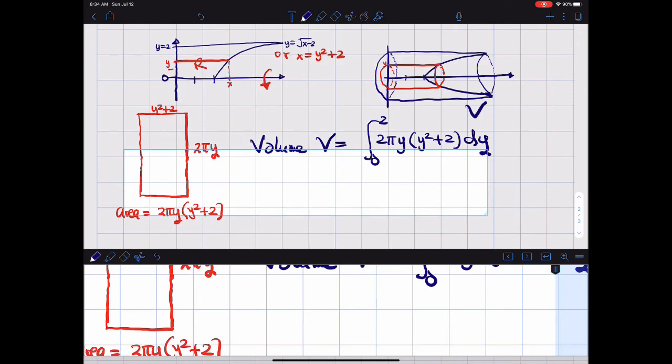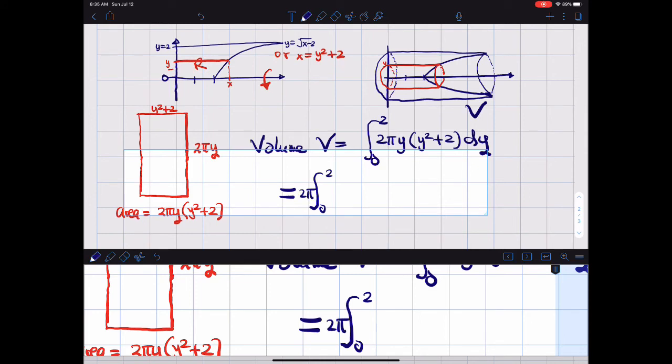You can solve this all day, every day. If you use substitution, u equals y squared plus 2 gives it easily. Actually, you don't even need substitution. You can just open it up. So you can just do the 0 to 2. I'll factor out the 2 pi. 2 pi is a constant, and constants are pushovers.